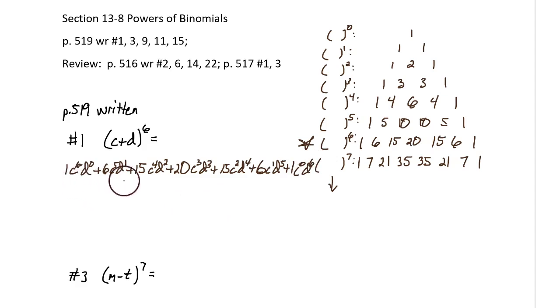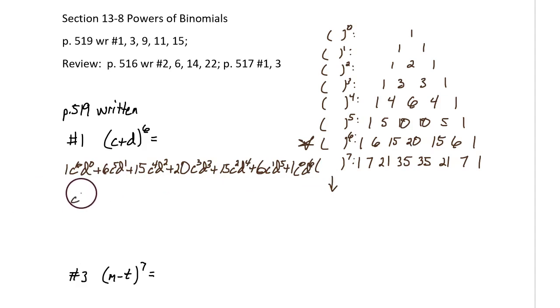Notice that in all of my terms, I have used the coefficients from that row of Pascal's triangle, and that I've used the first term from the binomial and the second term from the binomial, and as I went across, my exponents on the first term decrease, while the exponents from the second term are increasing. The final step is to run back through and simplify this.